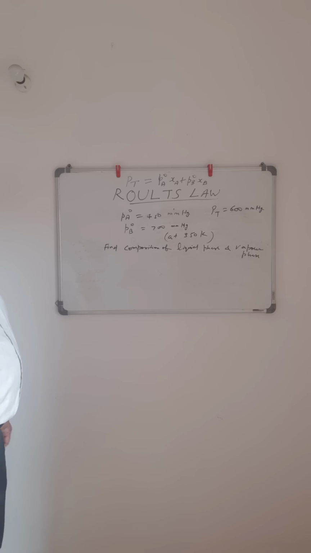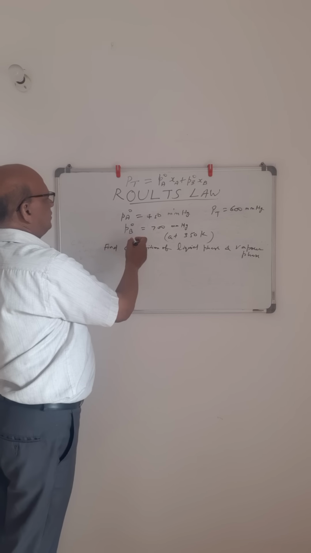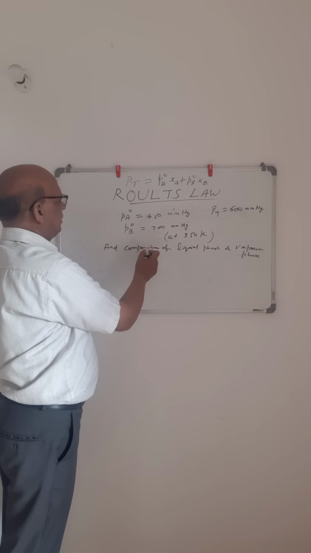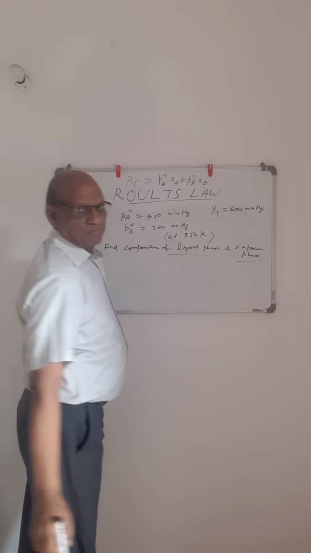So we have been given the total pressure as well as the vapor pressures of pure A and pure B. And what we have to find out is the composition of the liquid phase and vapor phase.